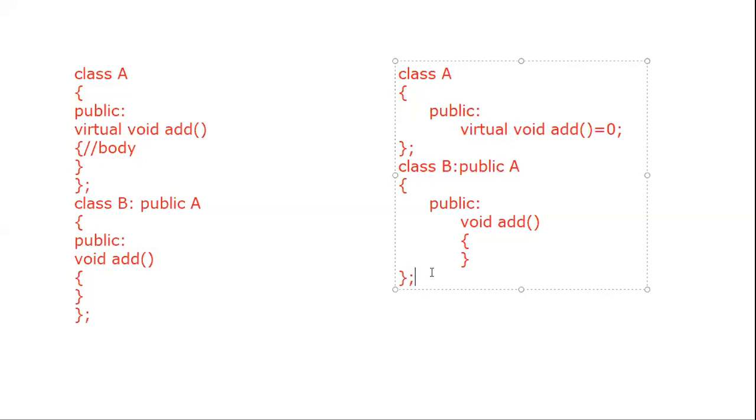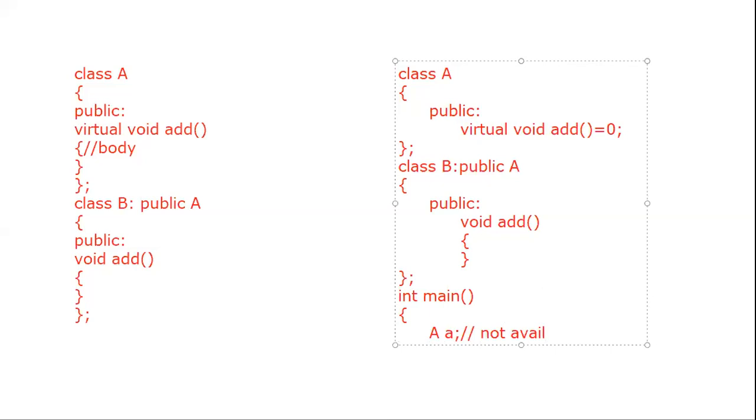Here in this case, suppose inside the int main I write A a, this representation is not applicable, because inside class A we have used the pure virtual function. So in whichever class we use the pure virtual function representation, we can't create the object for that class.